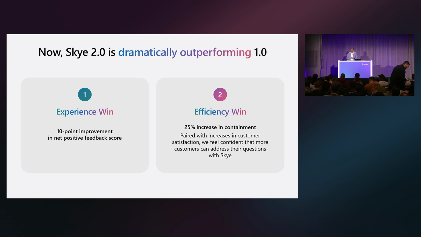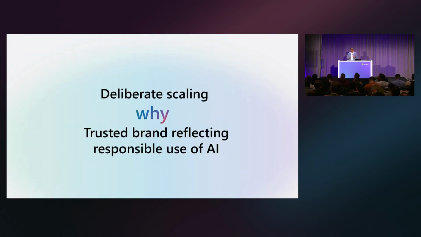So when you look at this, and as you think about how we approached our deployment or scaling, the answer is we approached it carefully, and the reason for that is trust. For us, every Sky interaction matters. Every response reflects our brand. We are a trusted brand, and it's no surprise that our approach to AI is guided by those core values of honesty, integrity, and transparency, which is why we saw a need for a comprehensive framework for responsible AI.